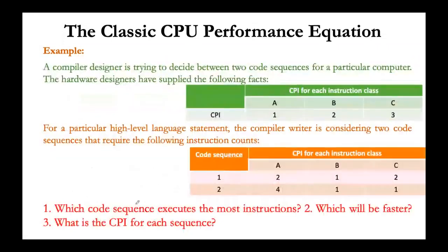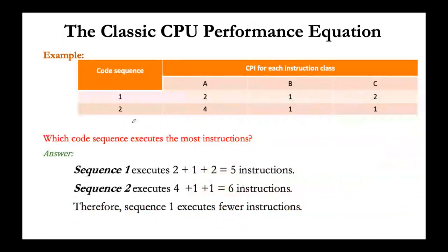Our first question is, which code sequence executes the most instructions? The answer is that sequence 1 executes 2 plus 1 plus 2, a total of 5 instructions, whereas sequence 2 executes 4 plus 1 plus 1, which is 6.